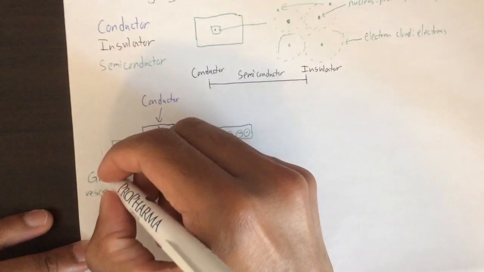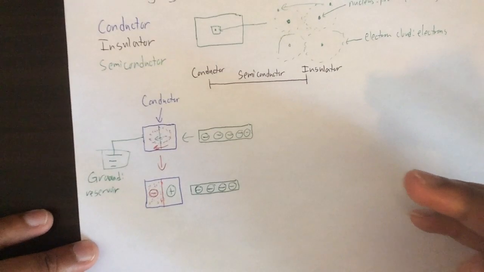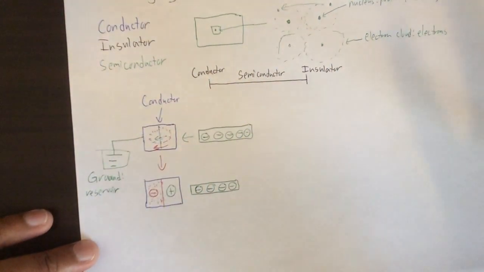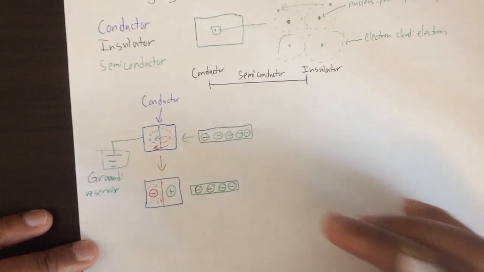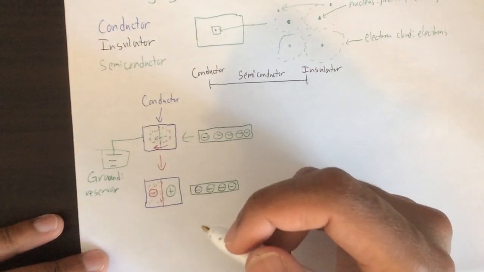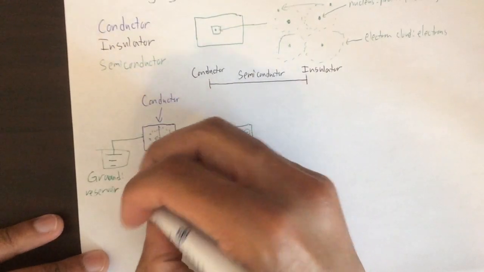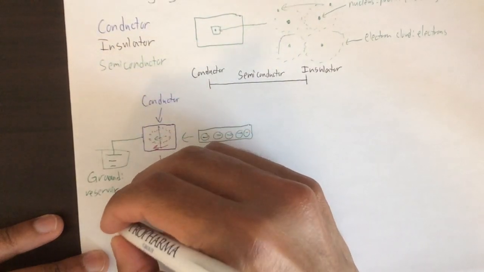This symbol here is the ground symbol that's used in most diagrams and schematics. Okay, so we did this situation, but we're doing it with a ground now.